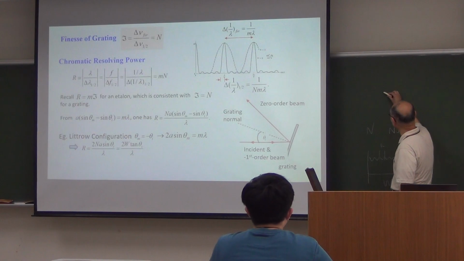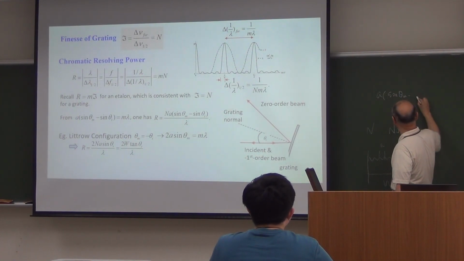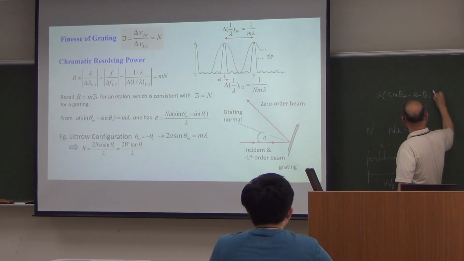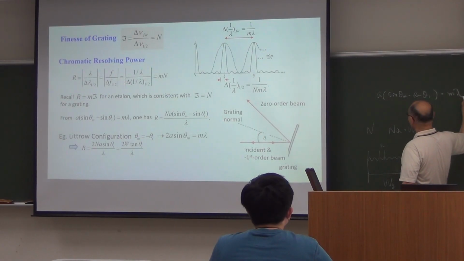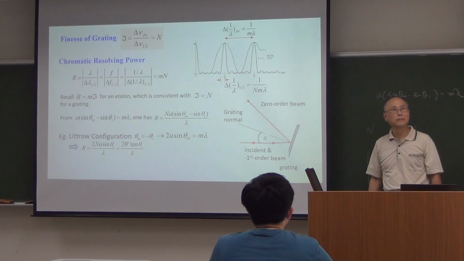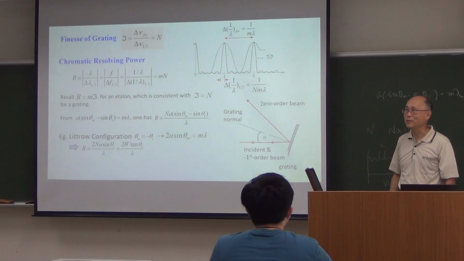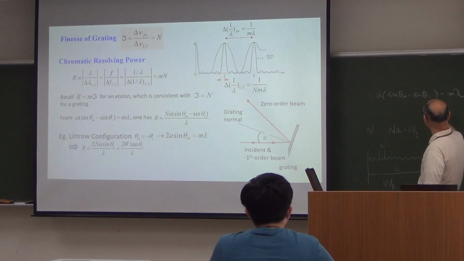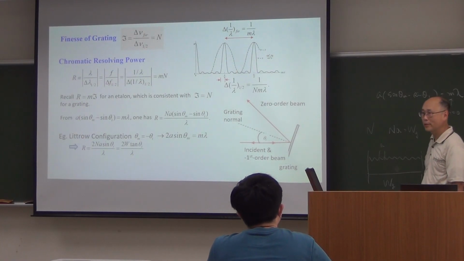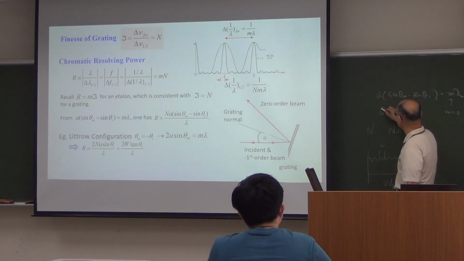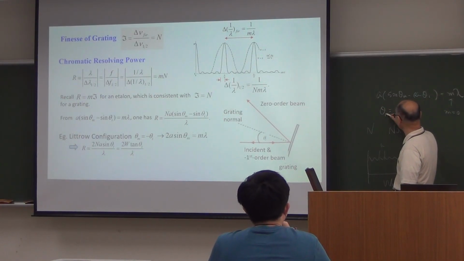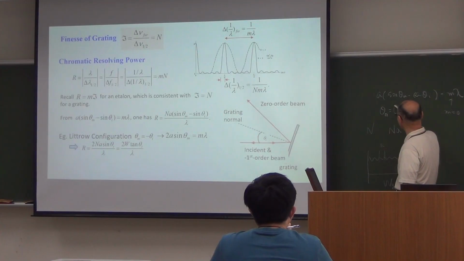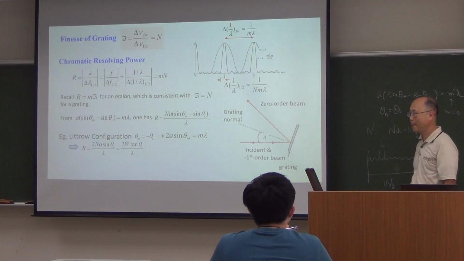If I have sin theta_m minus sin theta_i equal to m lambda, and we set m equal to 0 for the zero order beam, the diffraction angle is going to be equal to the incident angle.